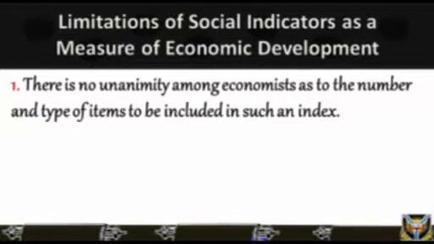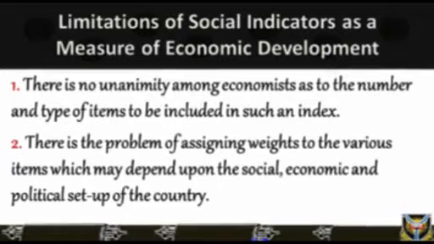The following are the limitations of social indicators as a measure of economic development. Problems arise in constructing a composite index based on a rational weighing system. 1. There is no unanimity among economists as to the number and type of items to be included in such an index. 2.